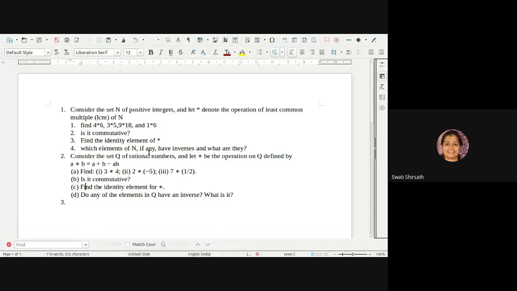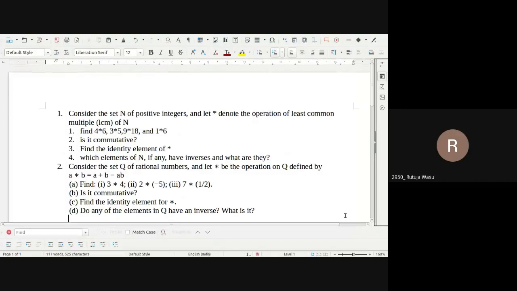Okay, solve these two examples and then we will discuss them. Okay, are they visible? Yes, ma'am.